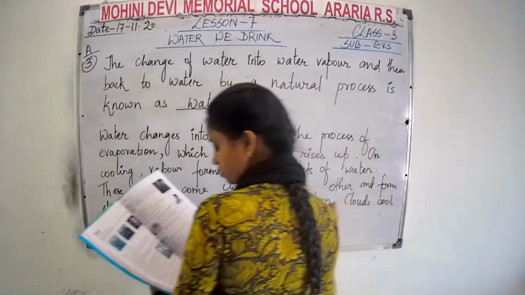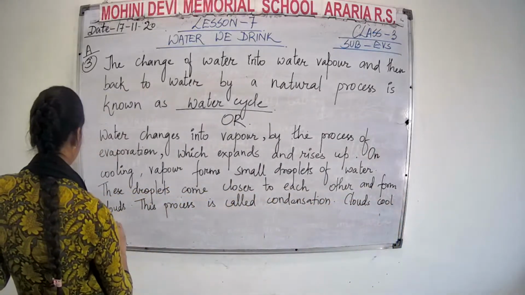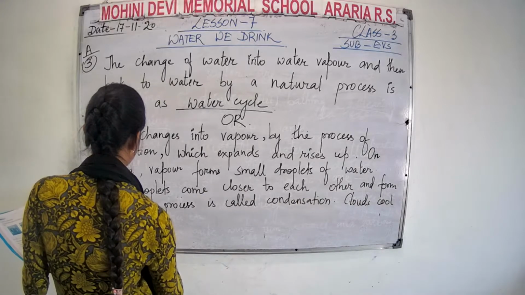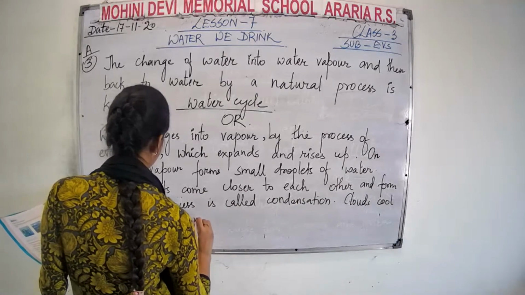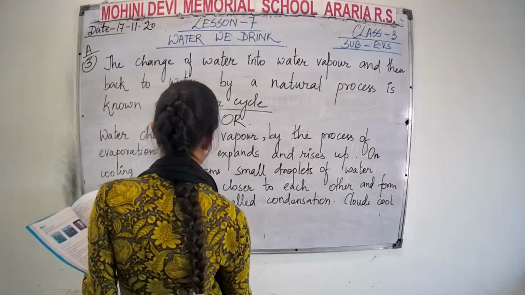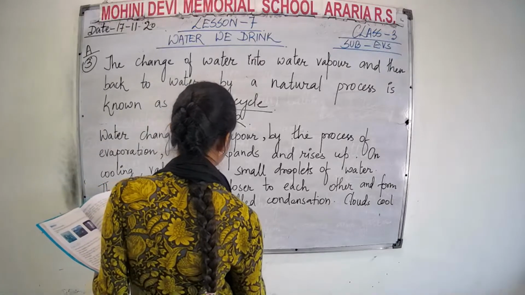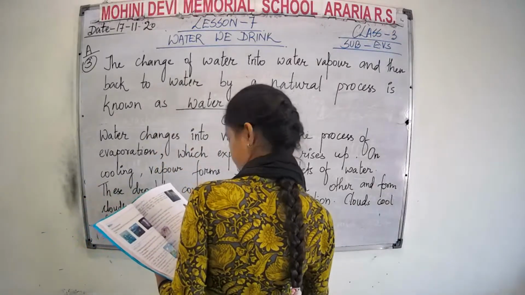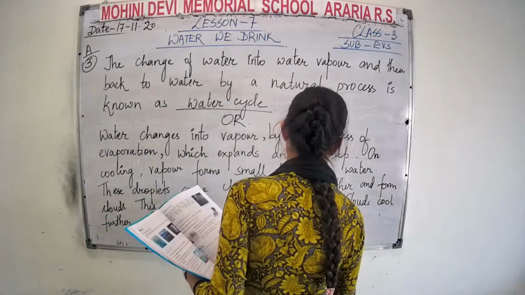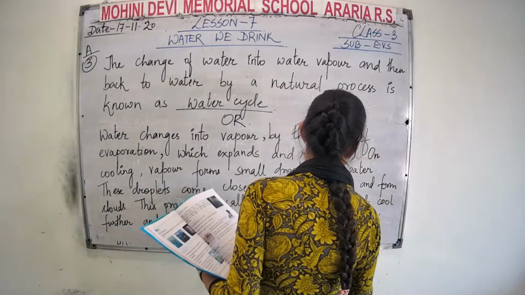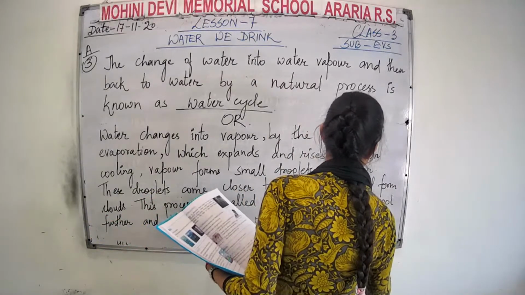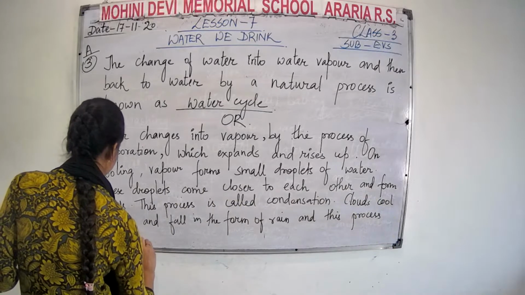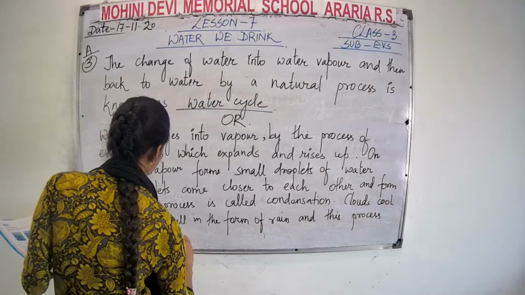Clouds cool further and fall in the form of rain, and this process is called precipitation.